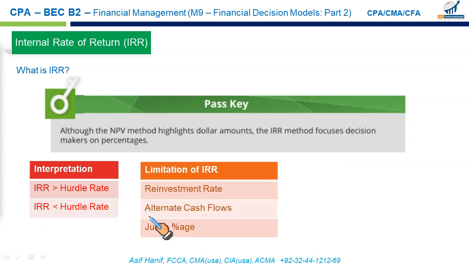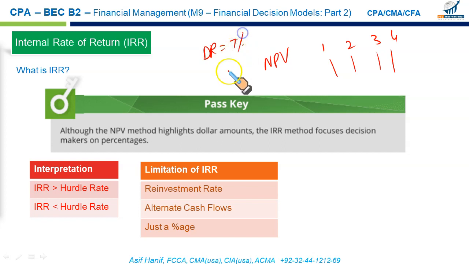Now, there are some limitations to IRR as well. In our NPV computations, previously we discussed that one of the assumptions is that the cash flow every year, in year 1, 2, 3, 4, is assumed to be reinvested at the discount rate used in the computation. Let's say the discount rate selected was 7%; the cash flows generated each year are assumed to be reinvested at this rate.